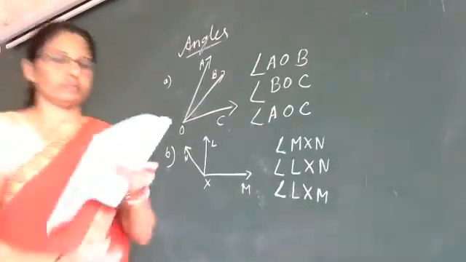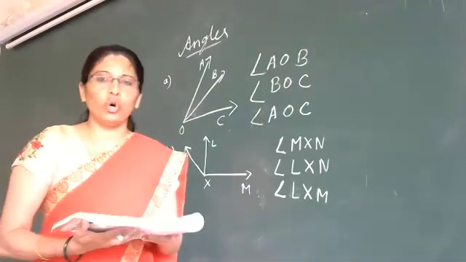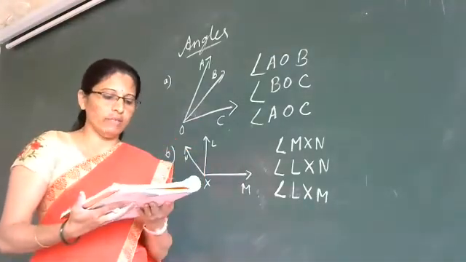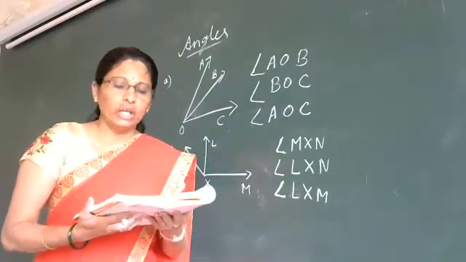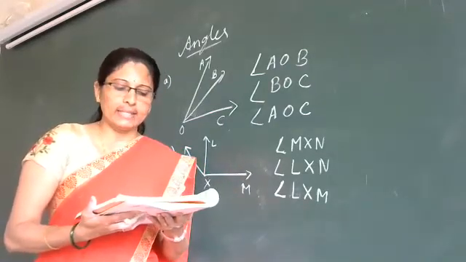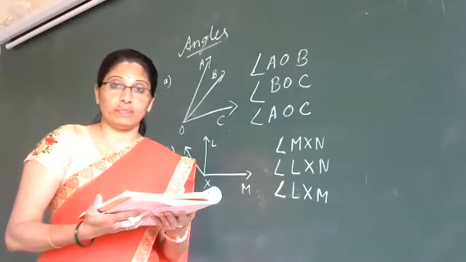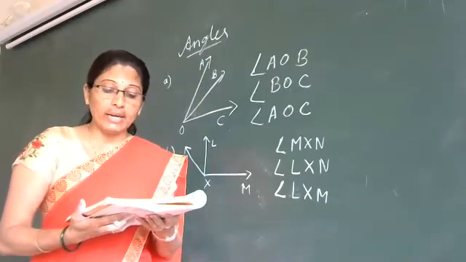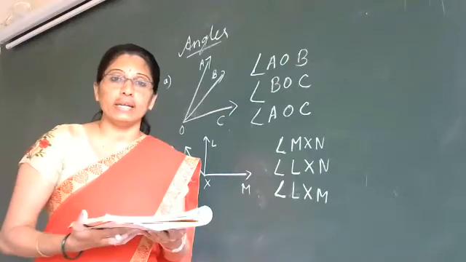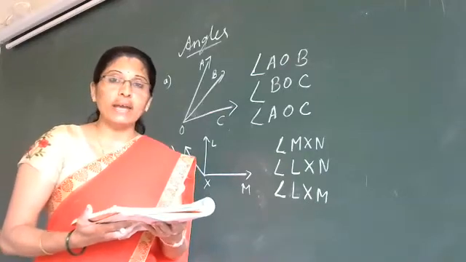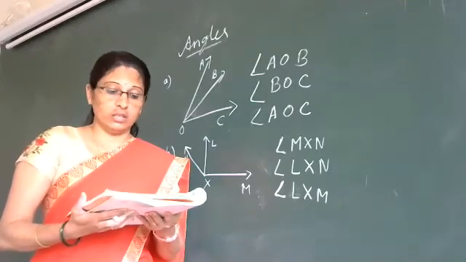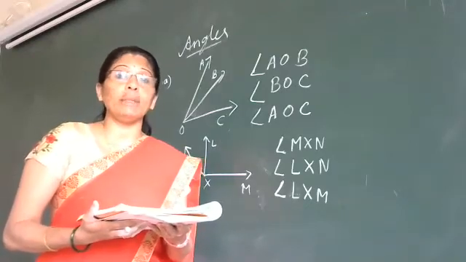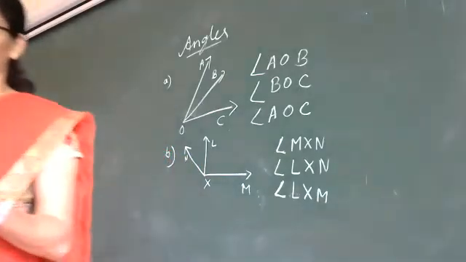Third one. Third one you have to do in notebook. Name the angle using A, B and C in 4 ways and identify its vertex and sides. 4 ways is given. We have to name 4 ways.